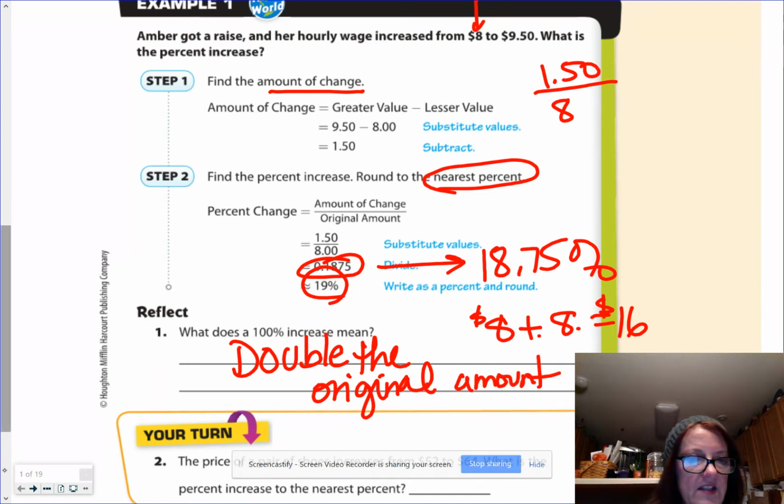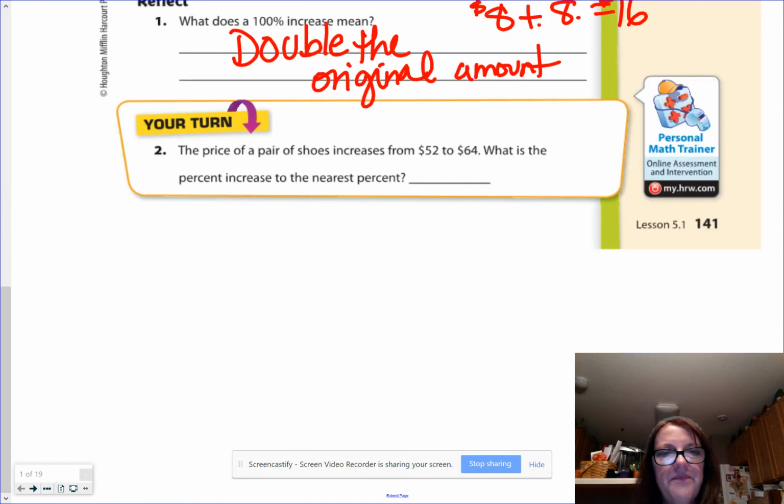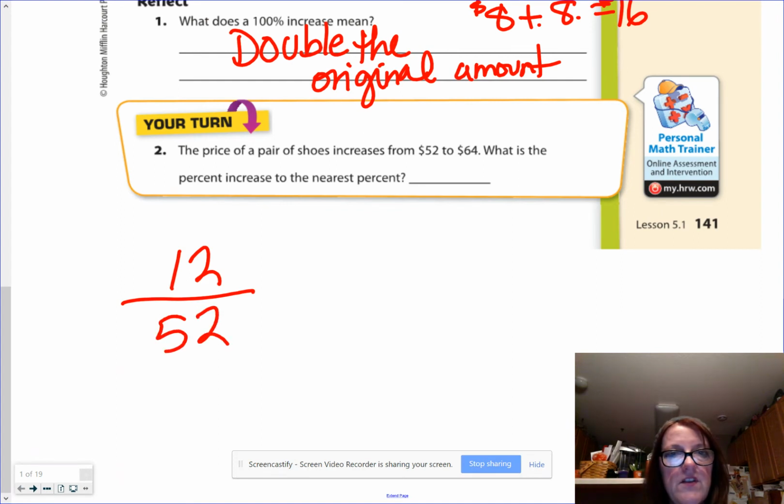Okay, let's take a look at this one. Going shopping for shoes. The price went from 52 to 64. What's the percent of increase? Well, 52 to 64, it went up 12 bucks. Divide that by 52.